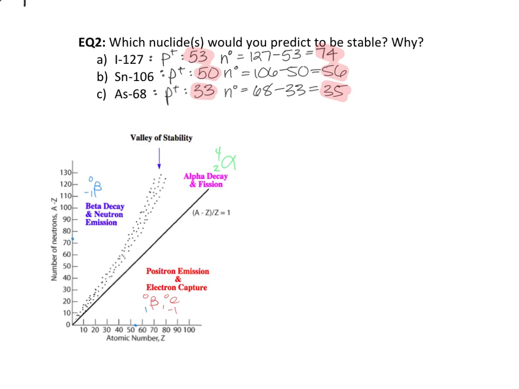Where they meet up is somewhere right here. Notice that's in the valley of stability. So if these overlap in the valley of stability, that means that I-127 is stable.